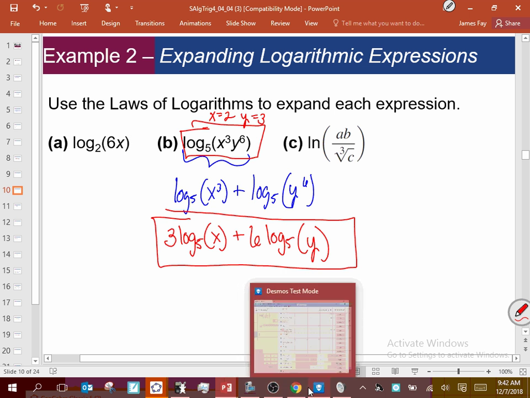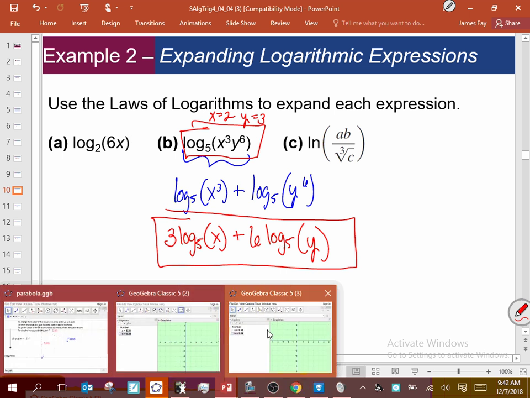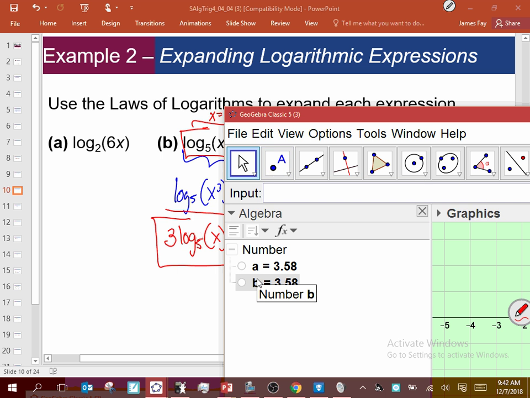Let me do this real quick. Let me see if this makes any sense to you. If I delete out that 2, that was my base, right? Does it really matter when I'm checking to see whether I've expanded these things correctly or not?